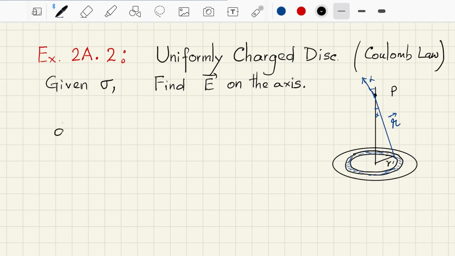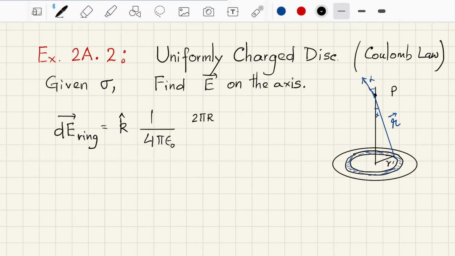So let's start by saying that my dE due to the ring is of course in the k direction only, because of the symmetry. It is a uniform ring, so k over 4 pi epsilon naught. What is my charge?